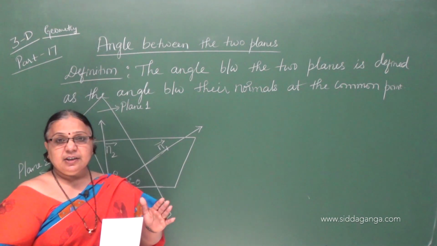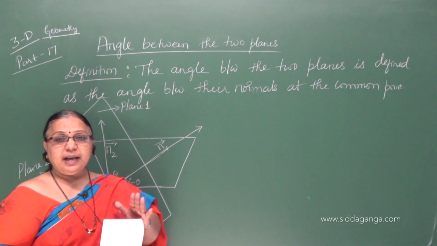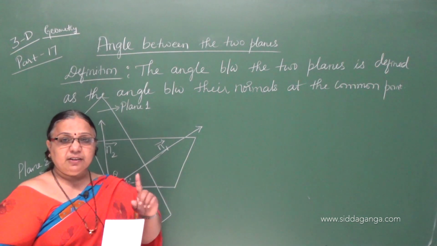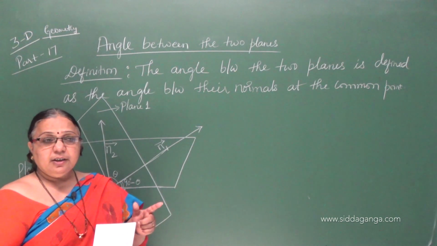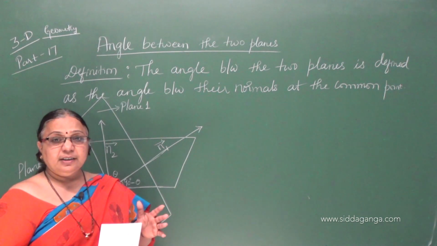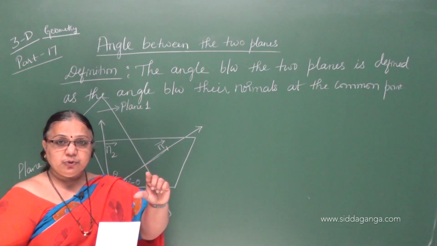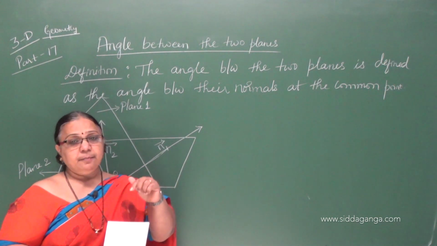the angle between the two given lines, that is, vector r equal to a1 vector plus lambda into b1 vector is one line, and the second line is vector r equal to a2 vector plus mu into b2 vector, is given by the vectors b1 and b2.